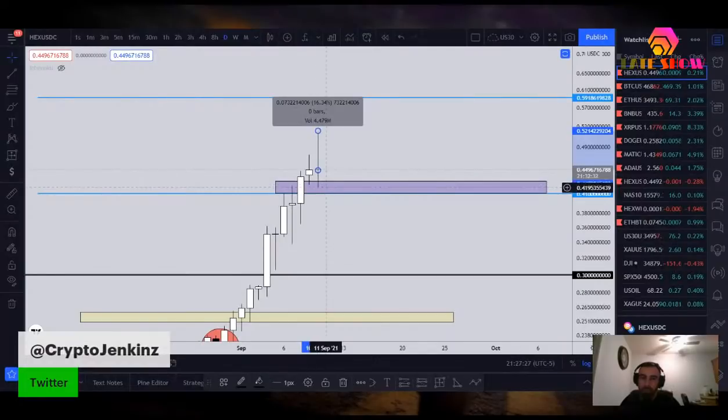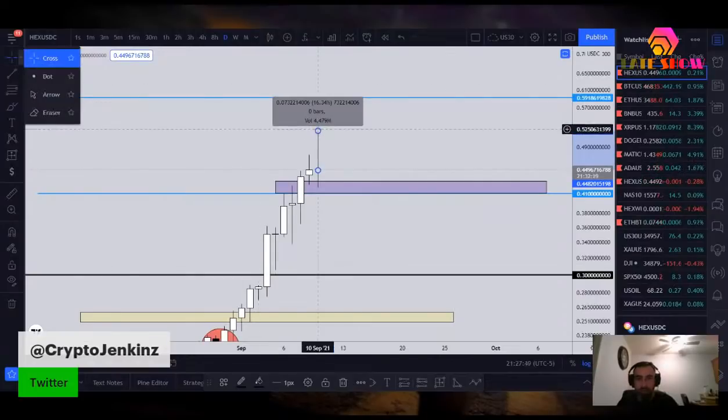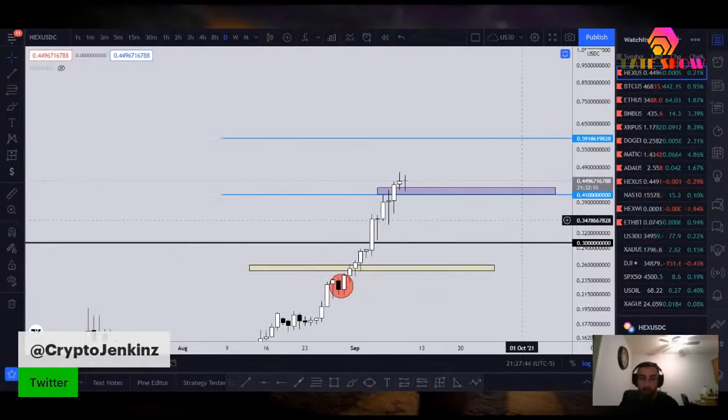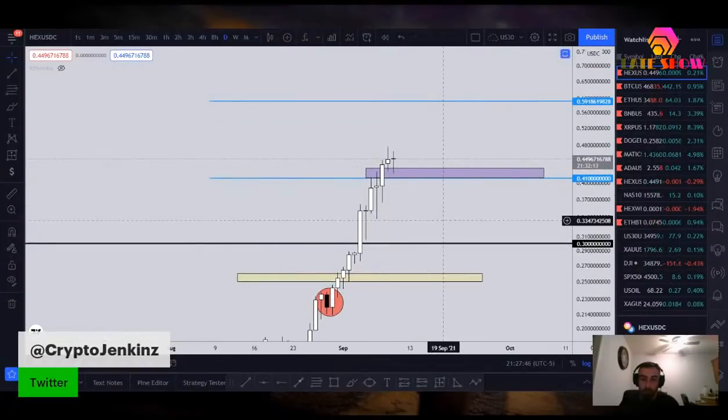Yeah, so the very next candle in the next 24 hours, if we do see this thing push up and close above 50 cents, I'll say we'll definitely see 55, and then we're probably pushing 59, 60, to maybe eventually start a pullback on the day chart, because this pullback hasn't really happened yet.